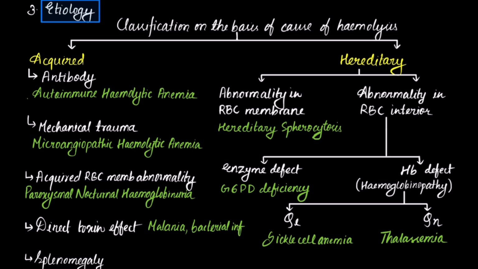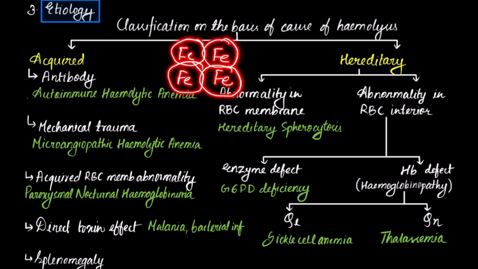For example, in sickle cell anemia, see, this is what a single hemoglobin structure looks like. There are 4 iron molecules. To these 4 iron molecules, there is a single globin molecule to each of them. There are 2 alpha globin and 2 beta globin chains. So there's iron and then there's globin.